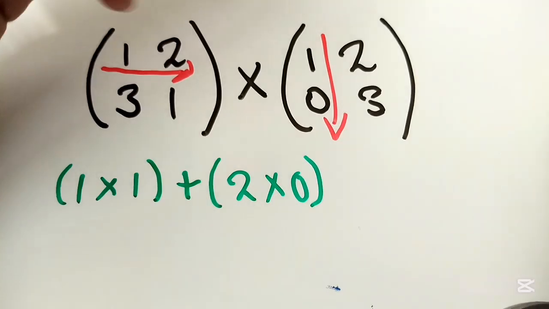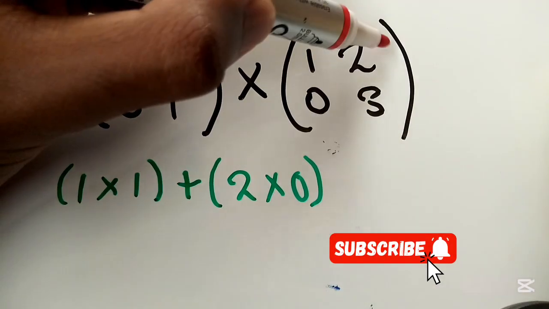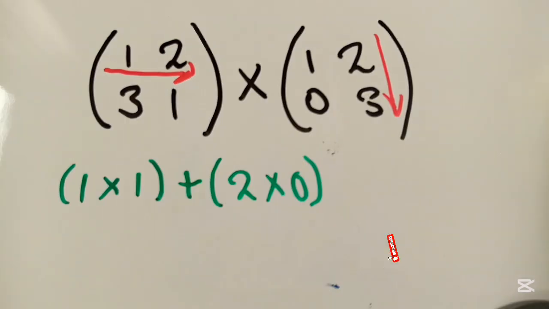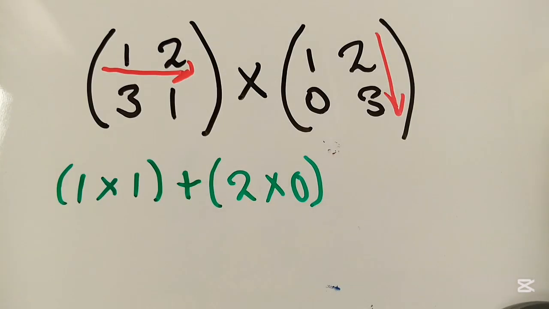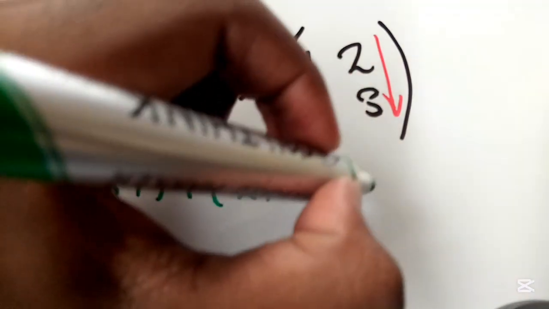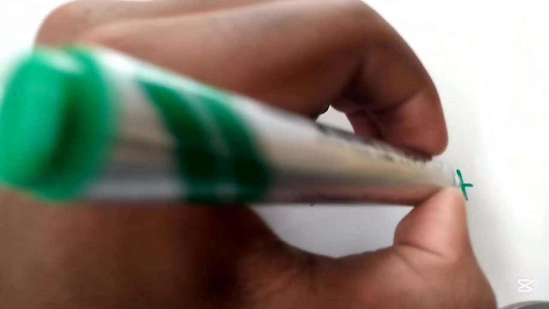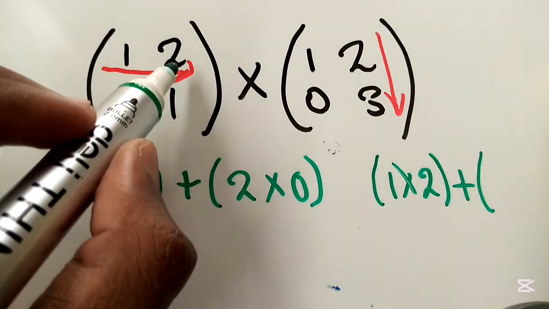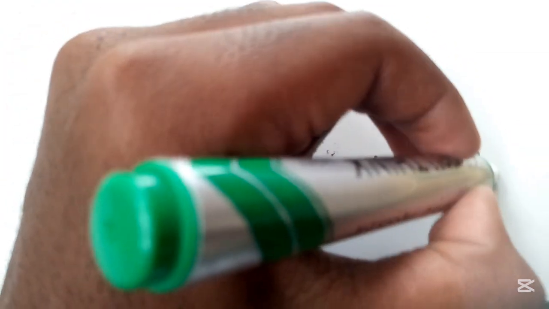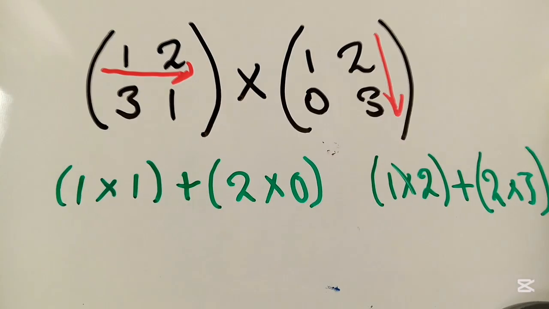So it won't be this column anymore, it would be this column. So now this side, we're going to say 1 times 2 plus 2 times 3. Like that.